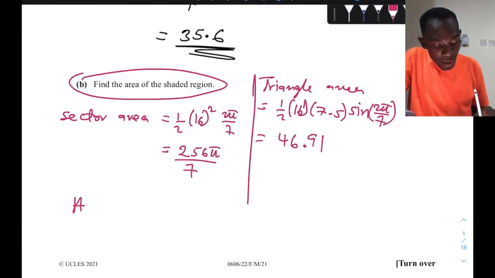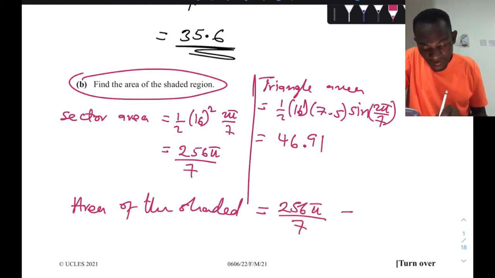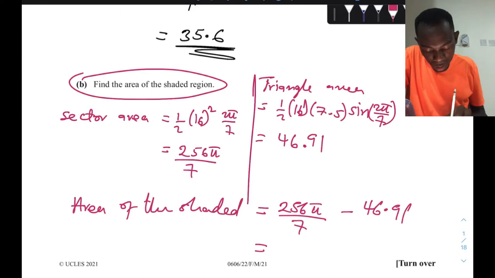Now let's subtract and then find the shaded region. So the area of the shaded region will be equal to, like I said, the sector area, 256 pi over 7, minus the triangle area, the answer we got, giving us 67.98.